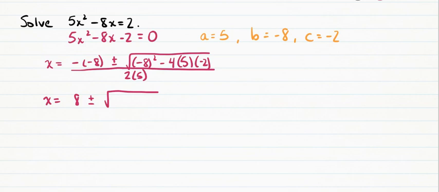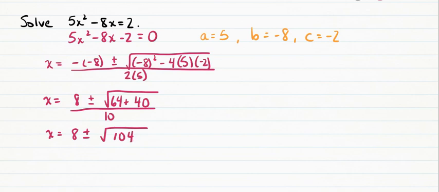So 64 plus 4 times 5 is 20, and times 2 is 40. So 64 plus 40, and then divide by 10. And so that is x equals 8 plus or minus the square root of 64 plus 40 is 104, divided by 10.